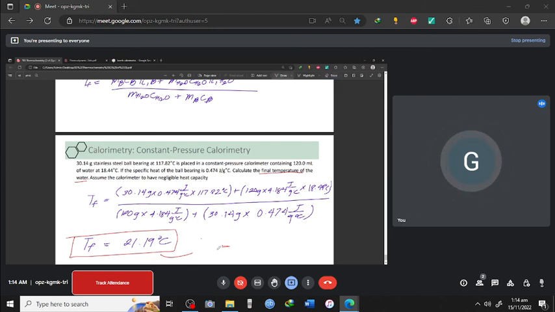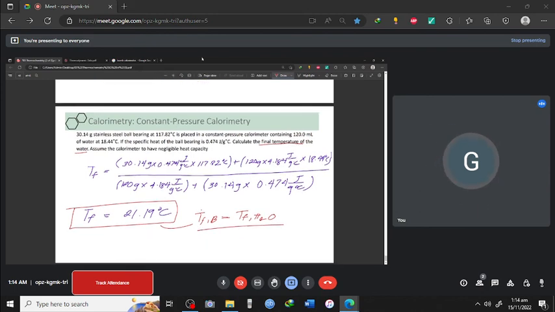Dapat final temperature ni ball and final temperature ni water. So, same lang yun. Dapat. Okay? Based sa concept natin ng constant pressure calorimetry. So, that's it. Okay? That concludes our chapter 2 or our discussion for thermochemistry, specifically for calorimetry, no?